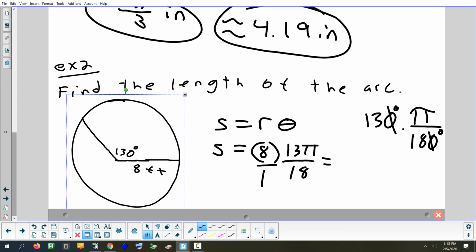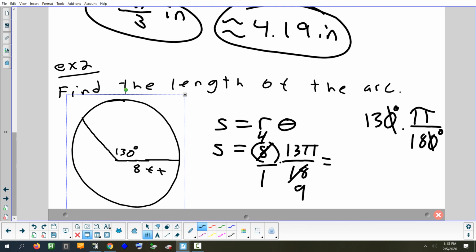Okay, now multiply these together. But before I do that, is there anything I can reduce? 8. Yep, 8 and 18. What goes into both of them? 2. 2 goes in 4 times. 2 goes in 9 times. Now I've got something probably not going to need a calculator to do.